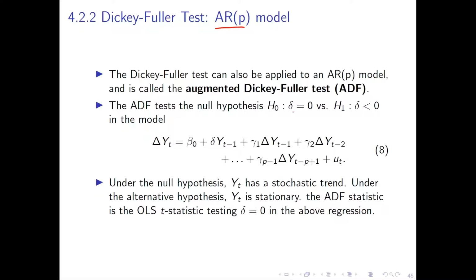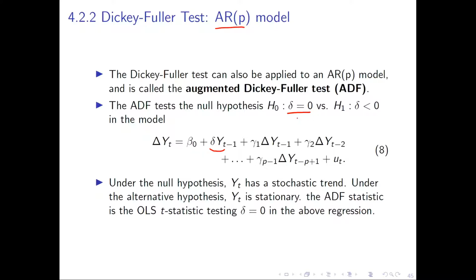So we test this coefficient on the lagged level of the y variable, and if we cannot reject the null hypothesis of the slope being equal to 0, then we say that the y variable has a stochastic trend.